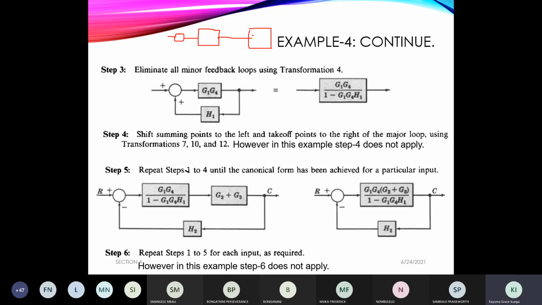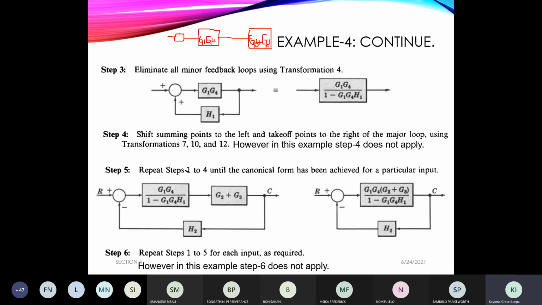Okay, so this one is G3 plus G2, and this one is G1 times G4.